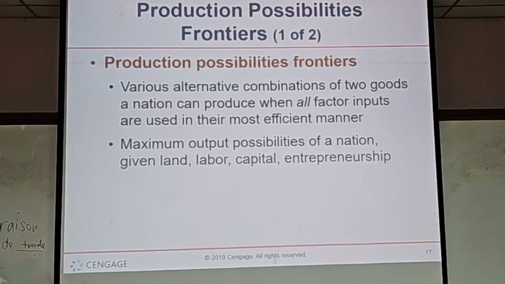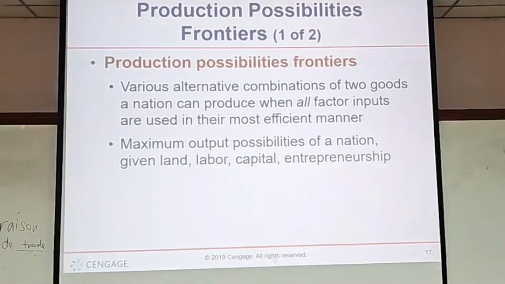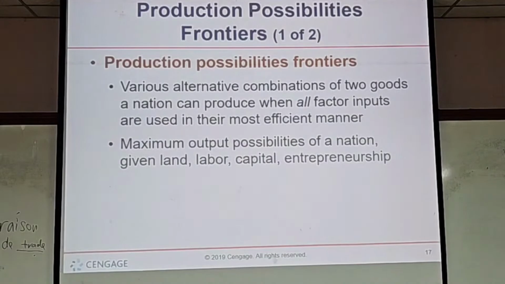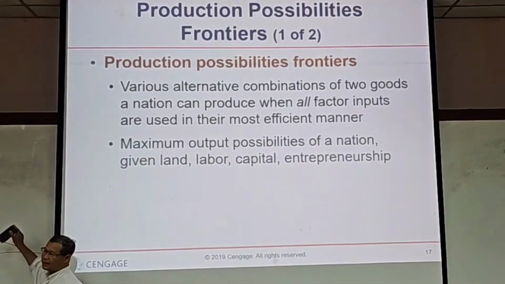The reason for trading: one country has lower opportunity cost. That's the production possibilities frontier. Talking about X only, country A has high opportunity cost for production. This is the reason for trading.